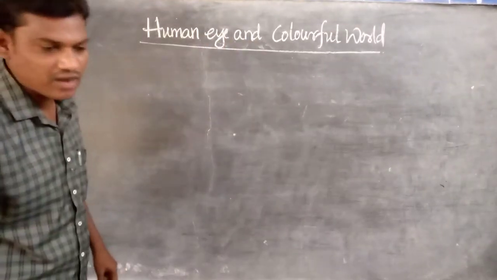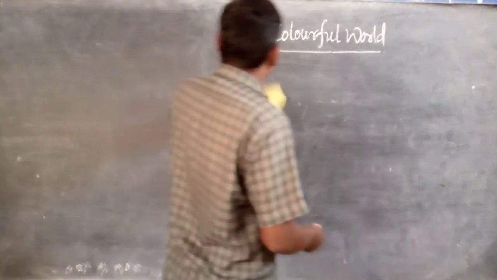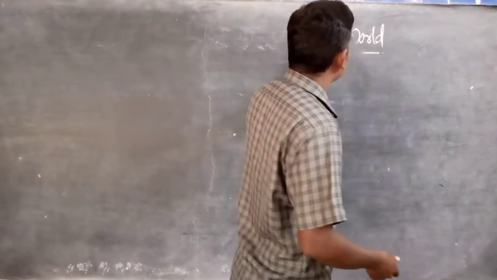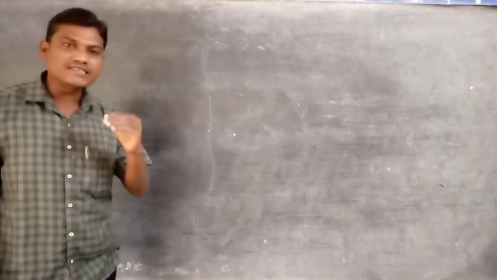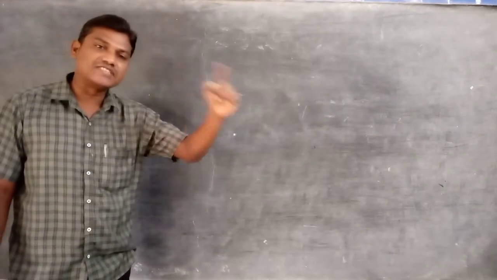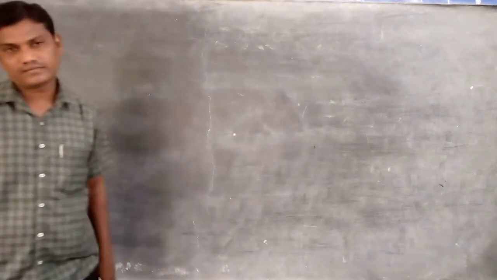Let me start our chapter. First of all, in this chapter we discuss what the least distance of distinct vision is and what the angle of vision is.